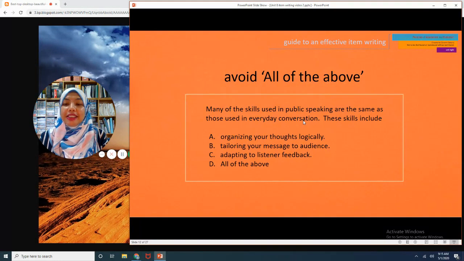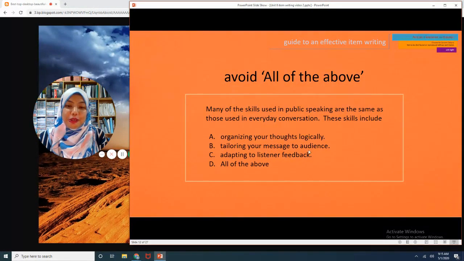All right, so these skills include, okay, remember, just say that I am a test taker and I'm trying to answer this question. So I'll go through the options one by one. A, organizing your thoughts logically. Well, that sounds correct. B, tailoring your message to audience. This also sounds correct. So I know already that the correct answer is now D, without having to go through C.